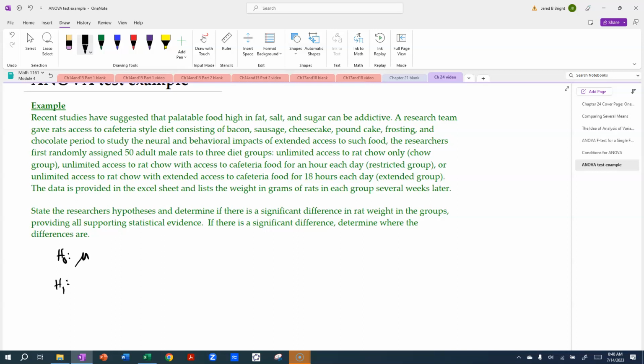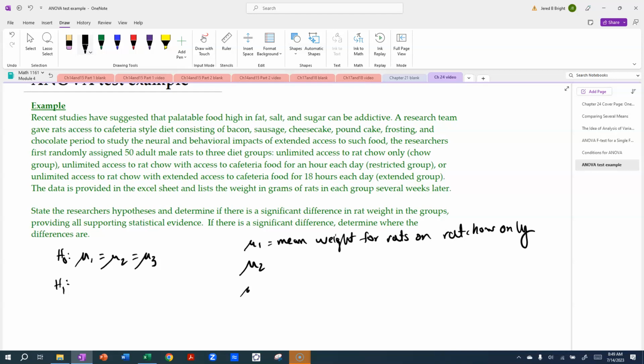I'm going to do mu1 equals mu2 equals mu3. We have 3 groups. Mu1 is the mean weight for rats on rat chow only. Oh, my handwriting is terrible. Mu2 is the mean weight for rats on rat chow plus 1 hour cafeteria food.